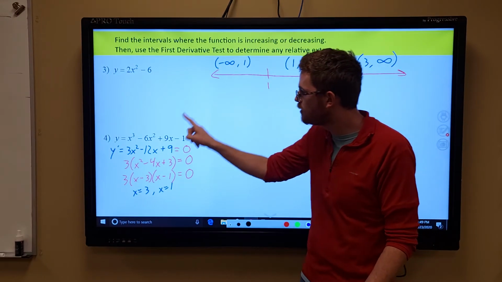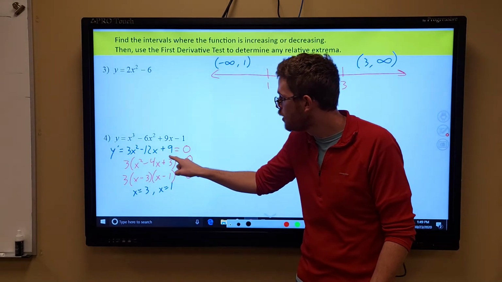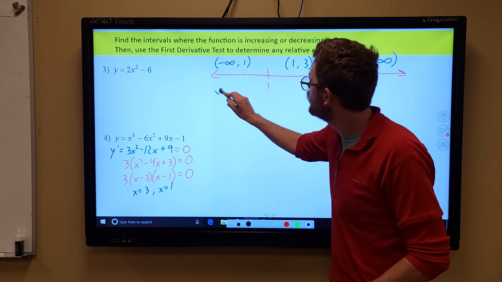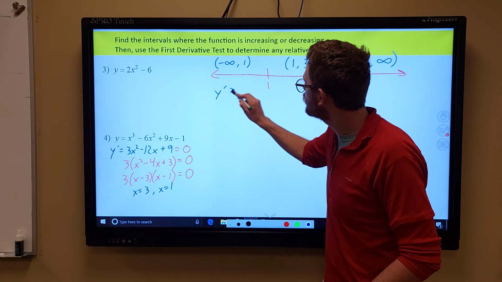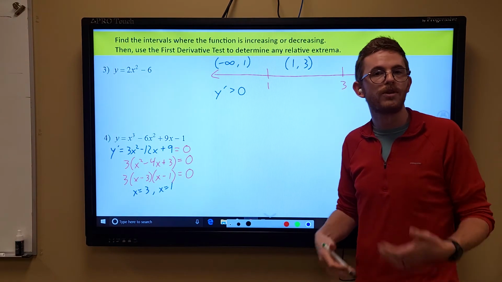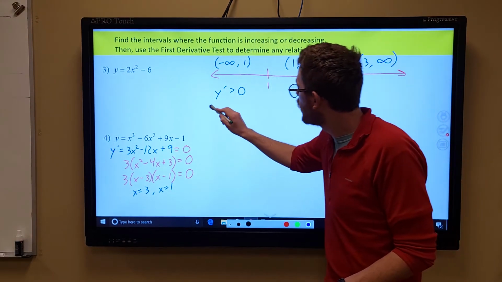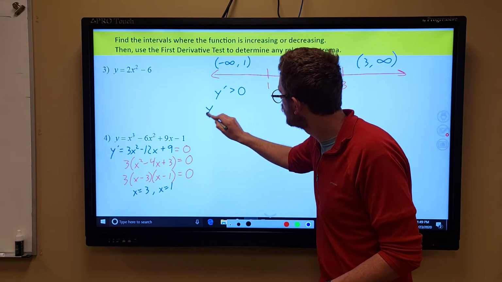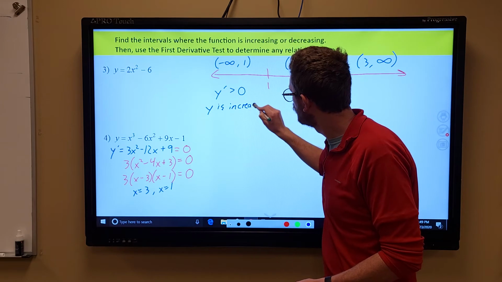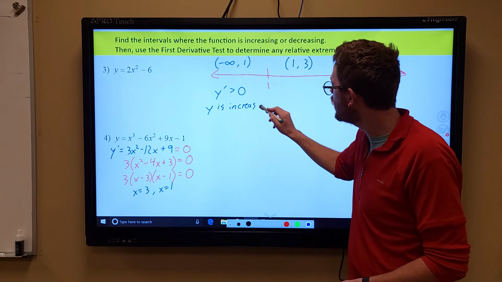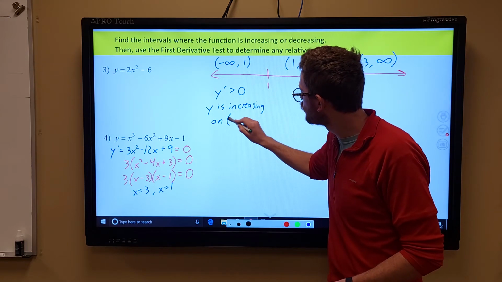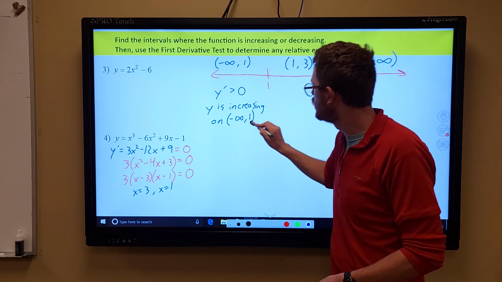If I plug in 0 into my derivative, notice I get a positive number. And so my derivative over here is positive. And because my derivative is positive, my original function is increasing. My original function was y. Y is increasing on this interval from negative infinity to 1.